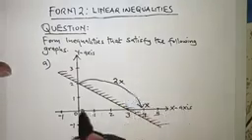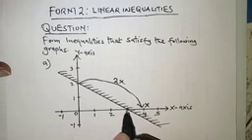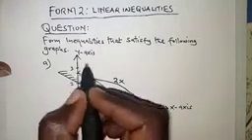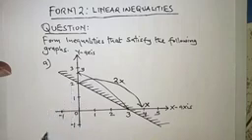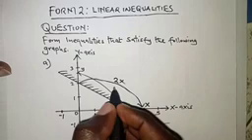And then we also take the x-intercept and multiply by y. The y-axis represents the y variable, so that should give us 3y.